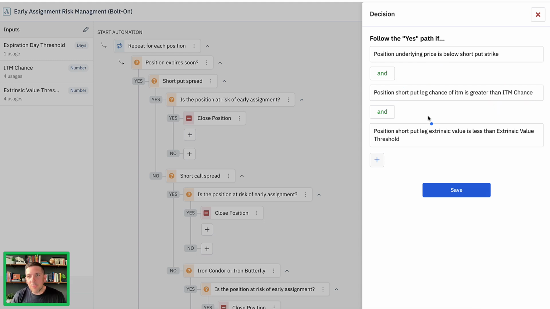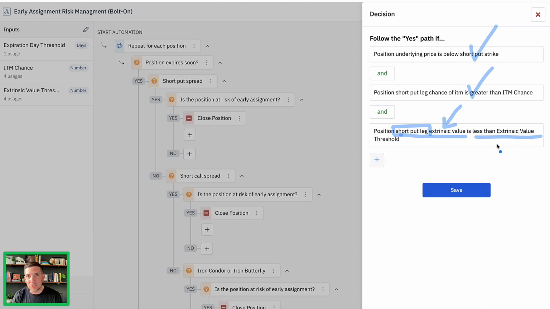The final thing that we're going to do, if this evaluates true and it's like, yes, it's in the money, yes, there's a good chance it's going to stay in the money, okay, great. There's one more thing that we have to do, which is we need to evaluate if the short put leg's extrinsic value, again, we can identify and evaluate through automation just the short put leg, the one that we care about, is less than the threshold that we set.